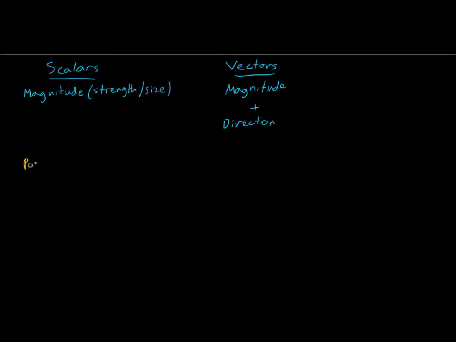Let's talk about position. Position is an object's location relative to another object. Typically, we'll say the origin. And position is a vector quantity. And hopefully that'll make sense after we look at this example. So let's say this is my house, and we'll say it's at the origin. So 0, 0 if you want to do a coordinate system, but we don't really have to do that. And I am over here. I'm not that short, but bear with me. And the distance between me and my house is 5 meters.